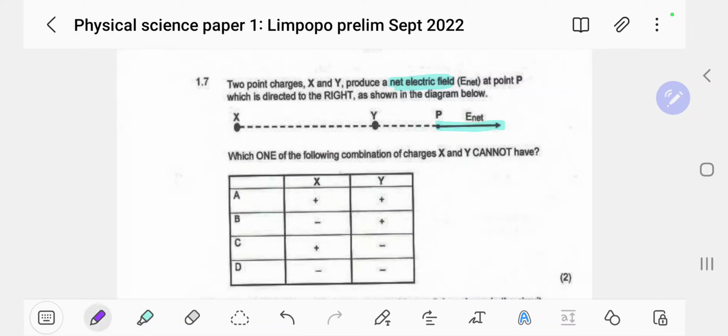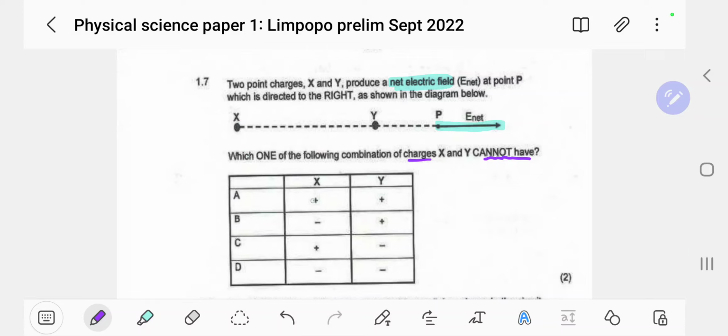Now the question asks which one of the following combinations of charges X and Y cannot have, meaning it is not possible to give us this net effect. So we have to look at this.